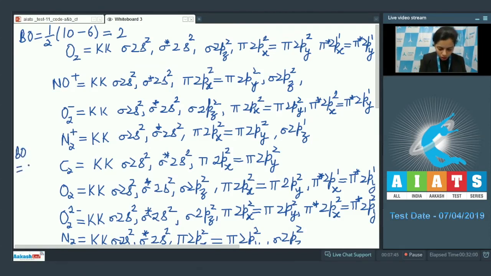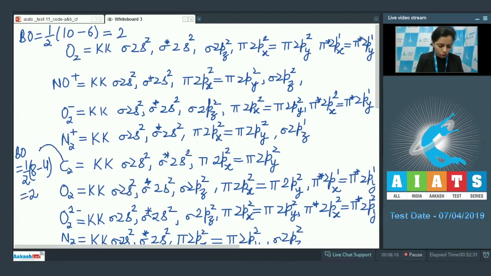Bond order is equal to half of the bonding electrons minus antibonding electrons. In the case of C2, bonding electrons: 2 in K shell, 4, 5, 6, 7, 8, a total of 8 bonding electrons. Antibonding electrons: 2 in K shell, plus 2, so 4 antibonding electrons are present. So 8 minus 4 becomes 4 by 2 once again, that is 2.